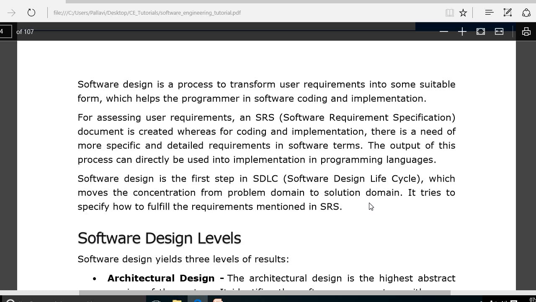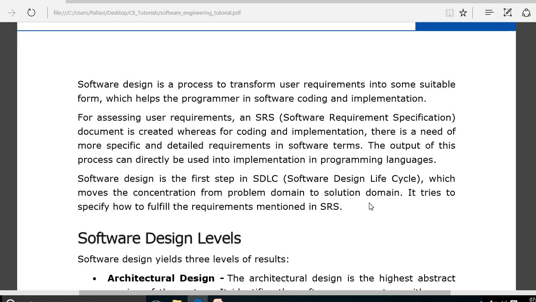For assessing user requirements, an SRS, software requirements specification document, is created, whereas for coding and implementation there is a need for more specific and detailed requirements in software terms. So the output of this process can directly be used in implementation and programming language.